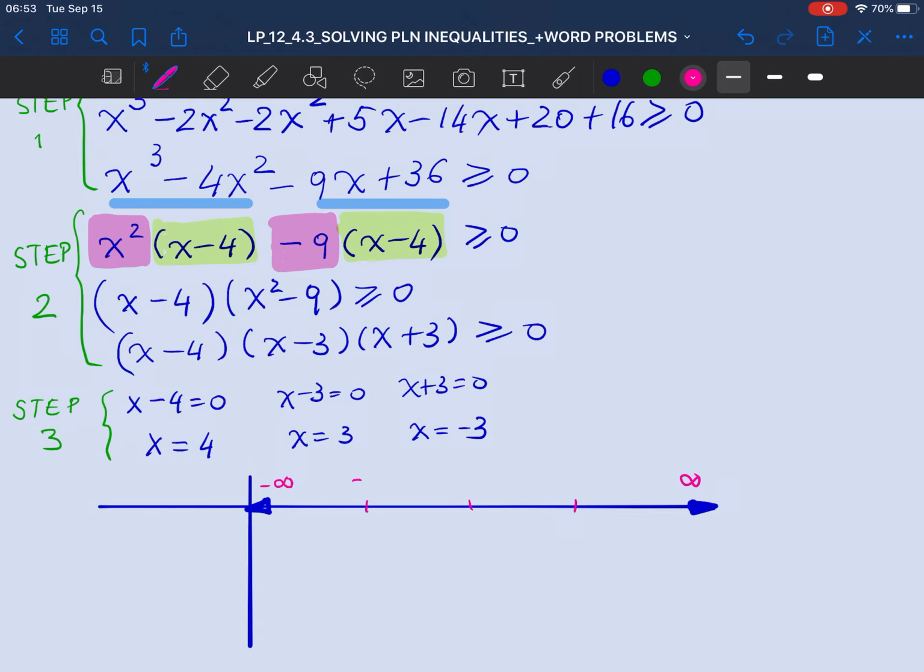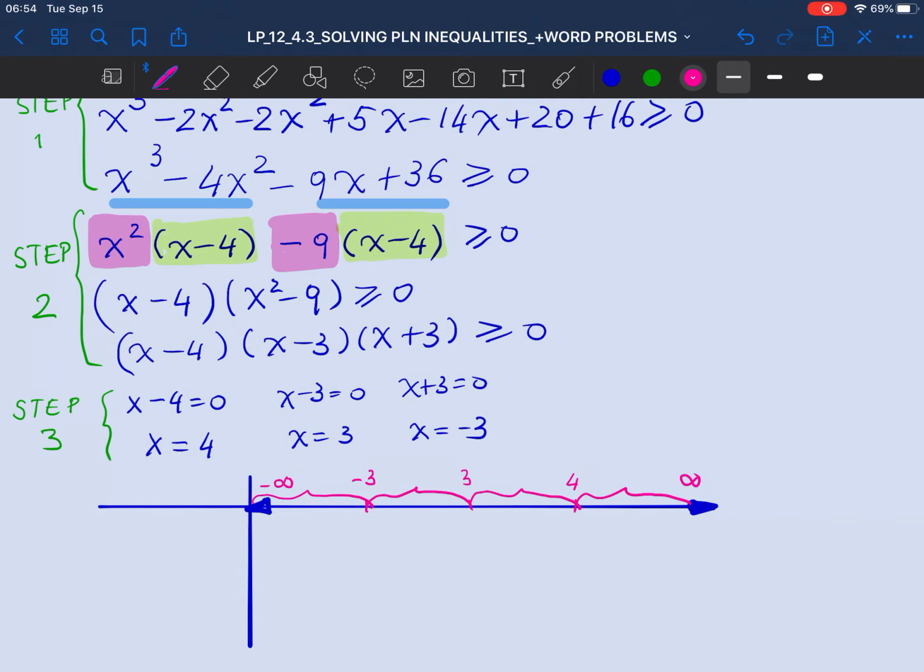Not to scale, obviously, so negative 3, positive 3, positive 4. That will divide the number line into the following intervals. So from here to here, we have negative infinity to negative 3, negative 3 to 3, 3 to 4, and 4 to infinity.